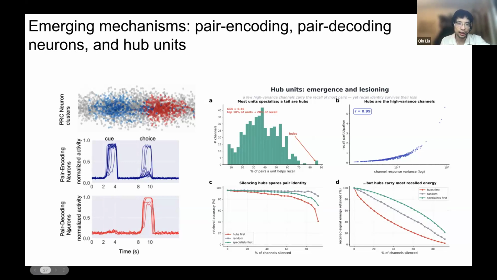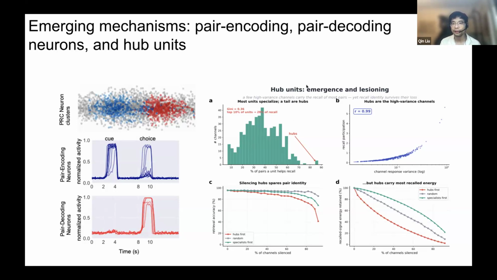And then I realized there is another type of neuron that only responds to the second image if it's a correct one. So obviously these neurons are responsible for the retrieval of the paired memory.